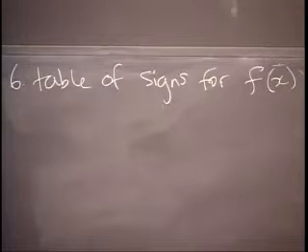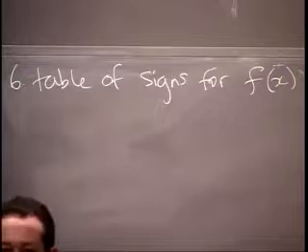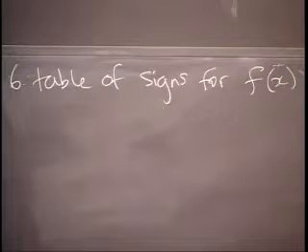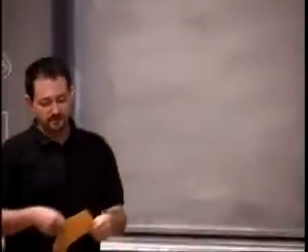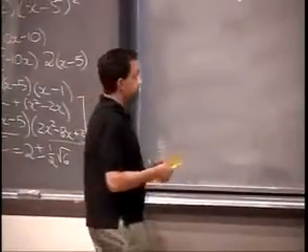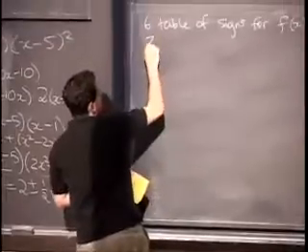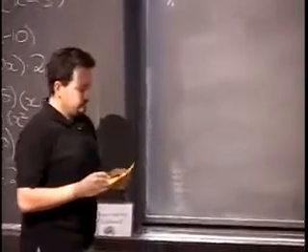The thing is, though, you need to know where the function is discontinuous and where its x-intercepts are, and that's provided by steps 3, 4 and 5. 3 was the x-intercepts, and 4 is the domain. You can see where it's not defined, and 5 the vertical asymptotes, or even the removable discontinuities. These sort of tell you what values to drop into your table of signs.